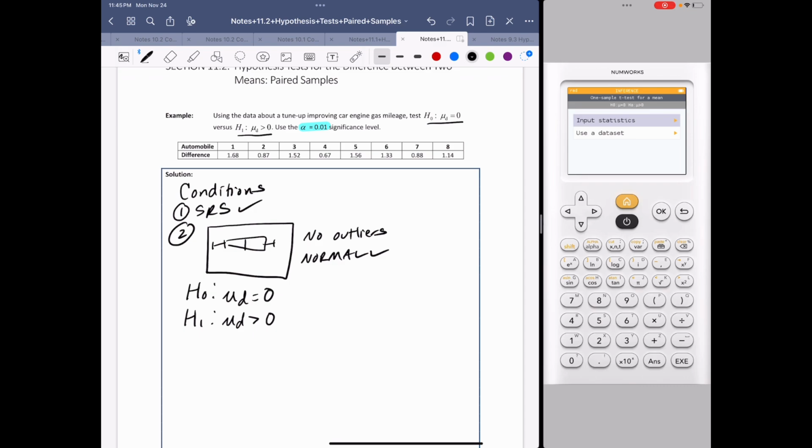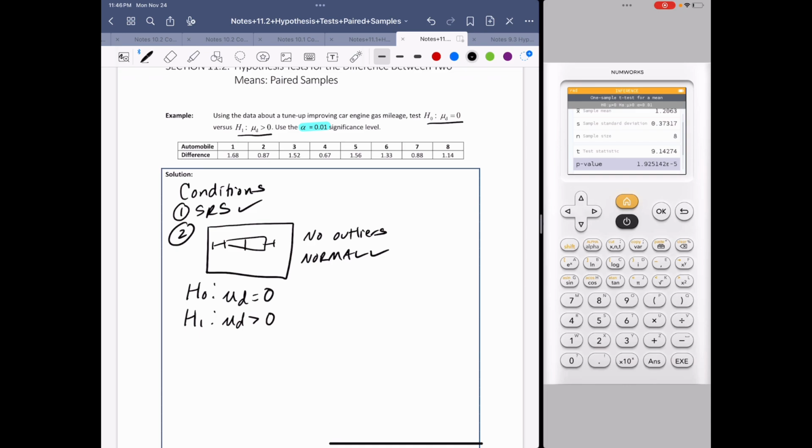I'm going to use a data set. That's going to bring in my data. And my significance level is 0.01. I'm going to go to next. And I get my test statistic, which I need, and my p-value below.